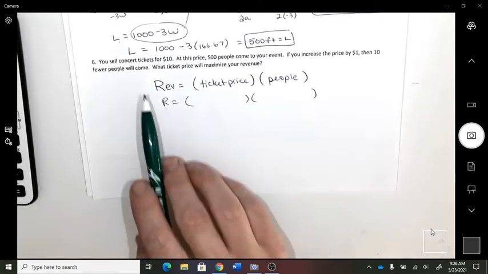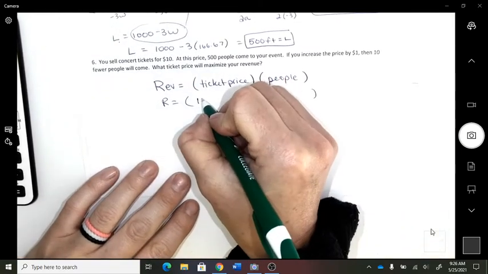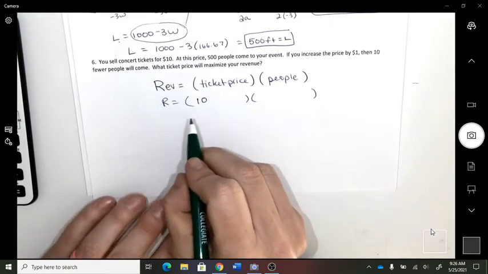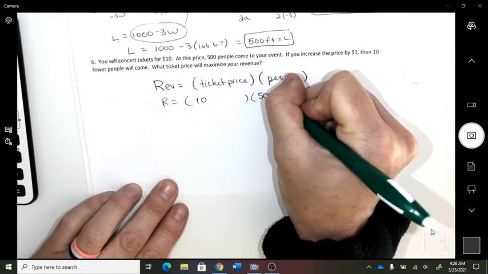Okay, so we said we're selling tickets, so $10 for tickets there. And when you're doing that, 500 people come, so that will go in there.